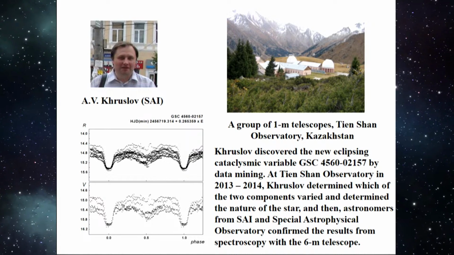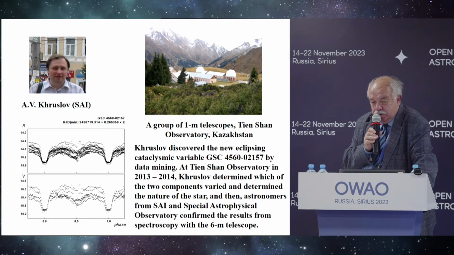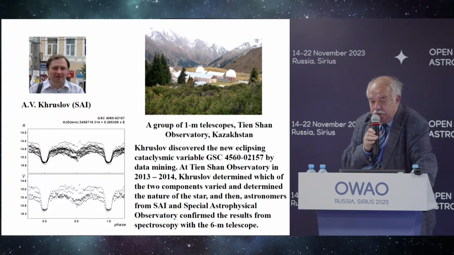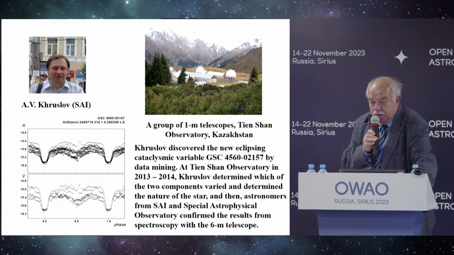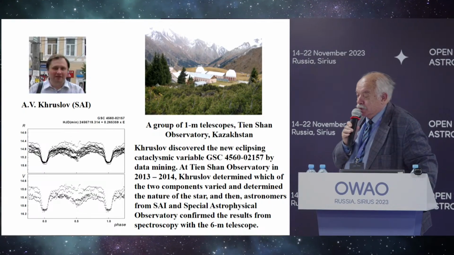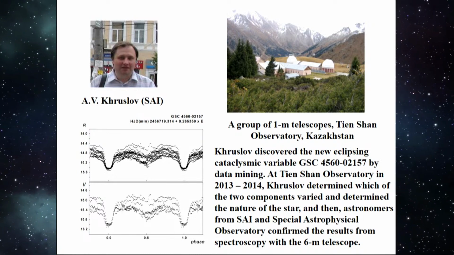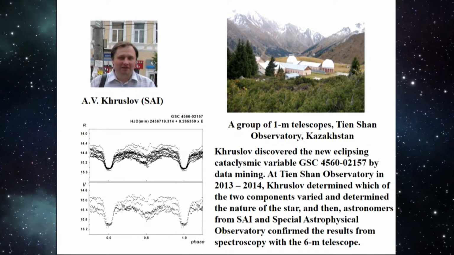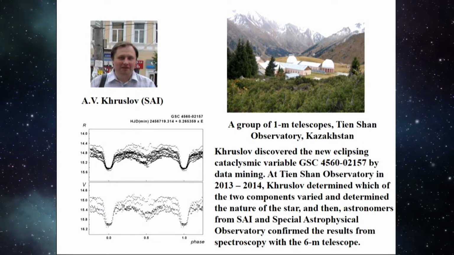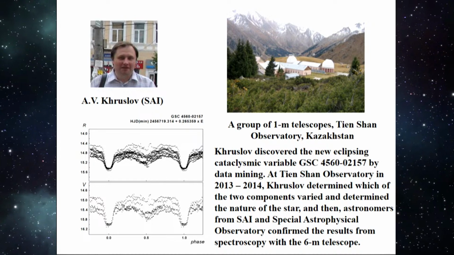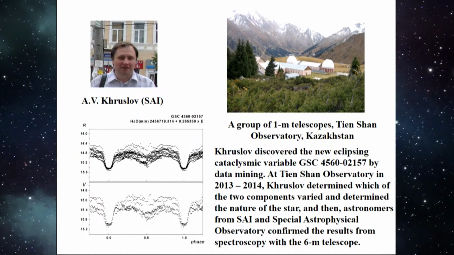Here we see a new eclipsing cataclysmic variable discovered by our astronomer Anton Khrushchev, whom I mentioned, by data mining. What is data mining? You have data archives, you go there, you find observations, and you discover variable stars. But then he studied this star with telescopes of Tian Shan Observatory, 1 meter telescopes.